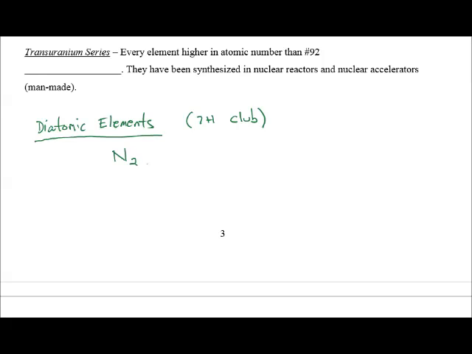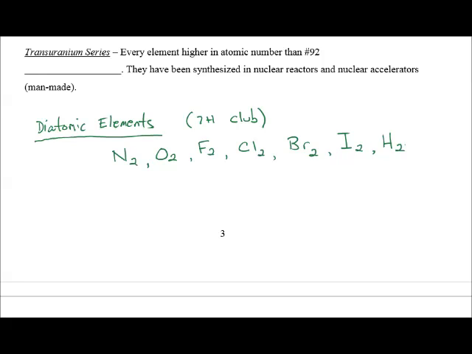So nitrogen, oxygen, fluorine, chlorine, bromine, iodine, and then the 7th member is hydrogen.